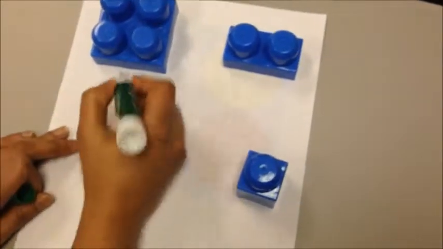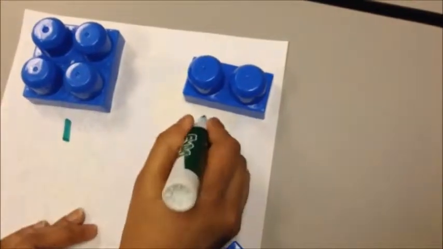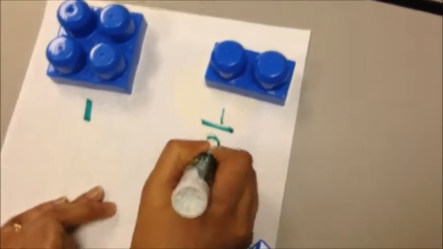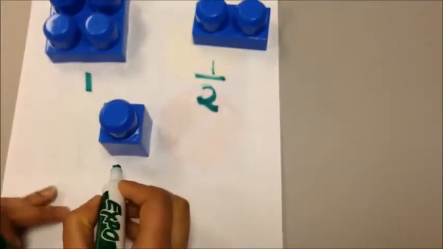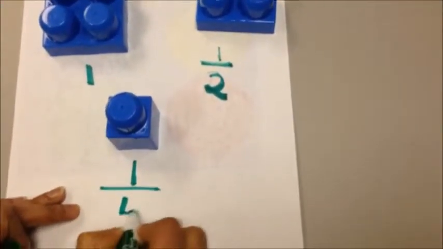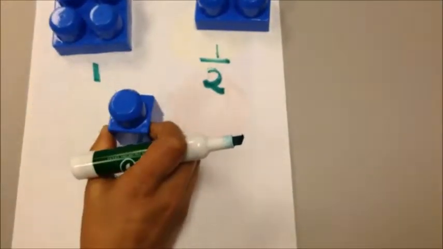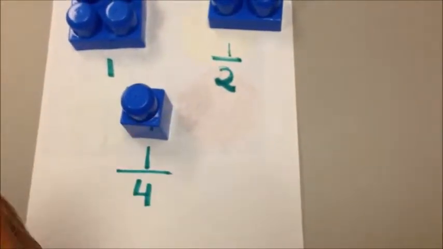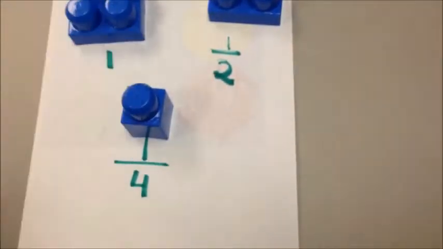So representing it mathematically in symbols, since this is 1 whole, this is 1, this is half of a whole square block, and we represent that in mathematics as 1/2, and this is 1/4, because 4 equal single blocks make 1 whole block. So this is equivalent to 1/4 of a whole.